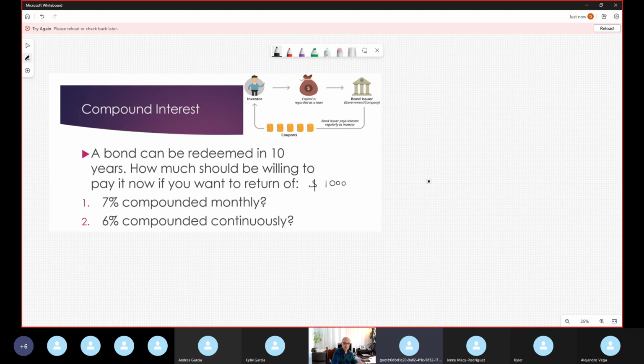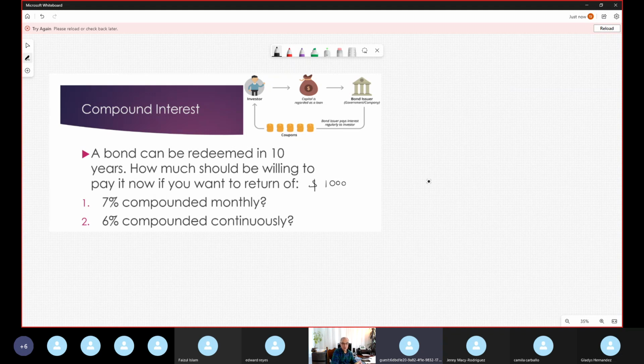Okay, the situation is different. I analyze the price that I should pay now. If I want a return, I pay now so I receive in the future 1,000, or 10,000, or in this case 1,000 is given in the problem.